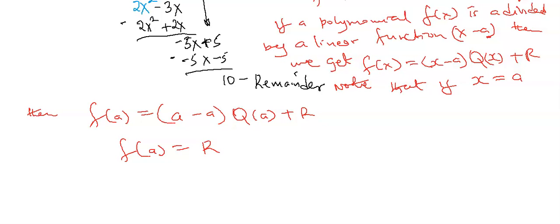In short, what we are saying is that if a polynomial f of x is divided by a linear function x minus a, and then we have no x term in the remainder, then the remainder r is the same as f of a.